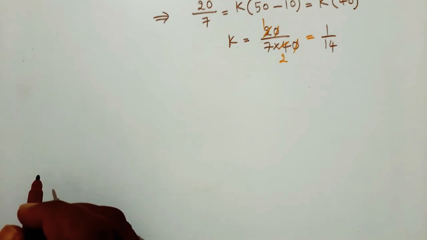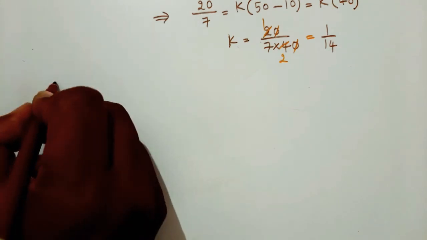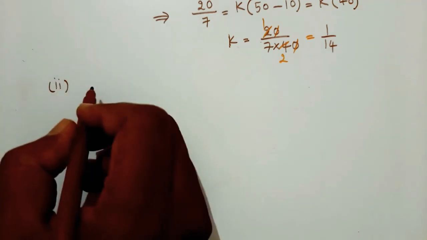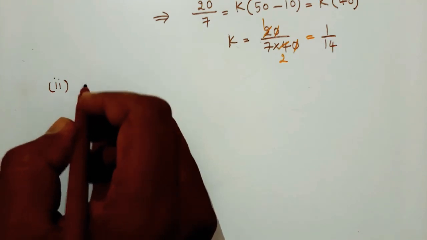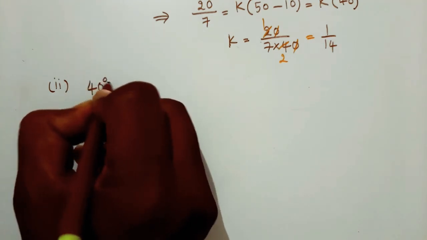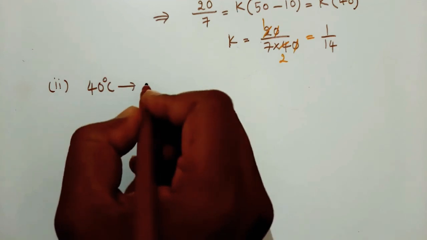Here the question is, what will be its temperature after the next 7 minutes? So in the second case, the body cooled from 60 degrees Celsius to 40 degrees Celsius in 7 minutes. So the next 7 minutes means what? Here, 40 degrees Celsius to, we don't know the temperature.